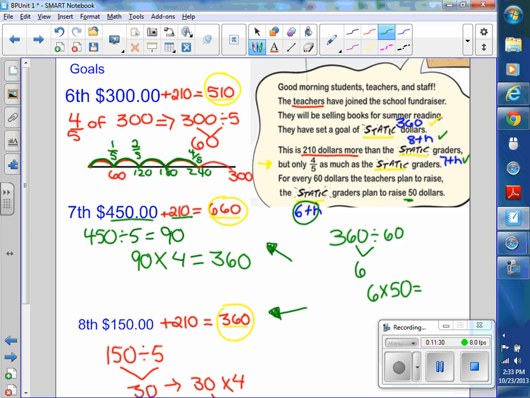What's 6 times 50? 6 times 50 is 300. So is it true for every $60 that the teachers raise, there's $50 raised by the 6th graders here? Because the 6th graders' goal was 300?